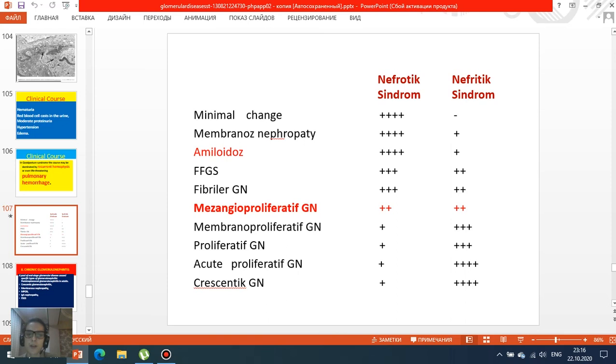Membranoproliferative glomerulonephritis about 19% with nephritic syndrome. Proliferative glomerulonephritis about 90-95% with nephritic syndrome. Acute proliferative glomerulonephritis with nephritic syndrome, and crescentic glomerulonephritis with 90-95% nephritic syndrome.